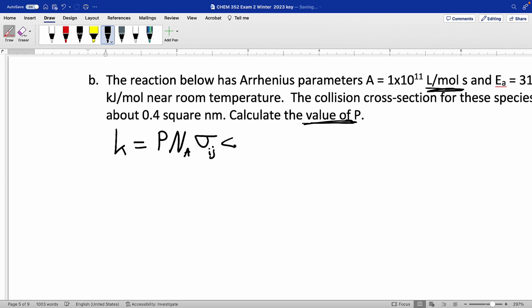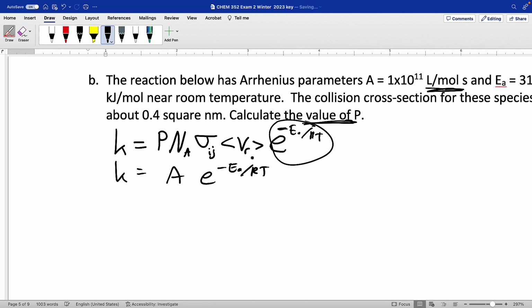We have the average of the relative speeds, and then we have our activation energy term. And if we write the Arrhenius equation below that, that's supposed to be negative there, we can see that they both have an activation energy term, which means that the thing in the box has to be our expression for the Arrhenius constant A.